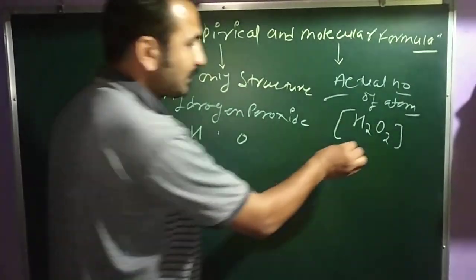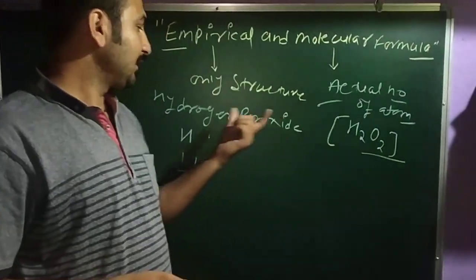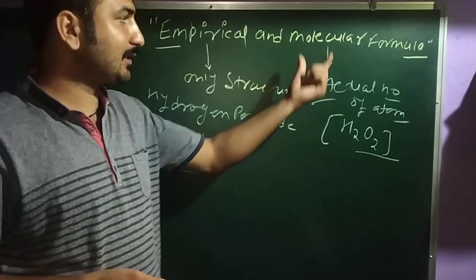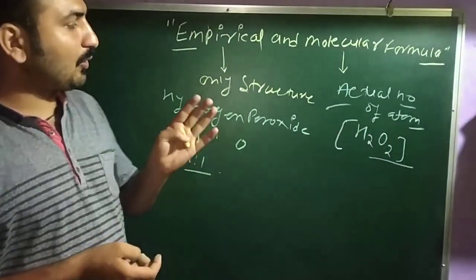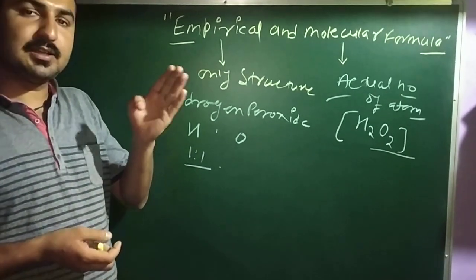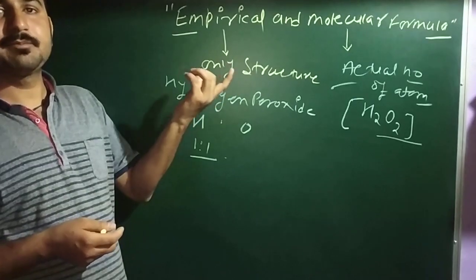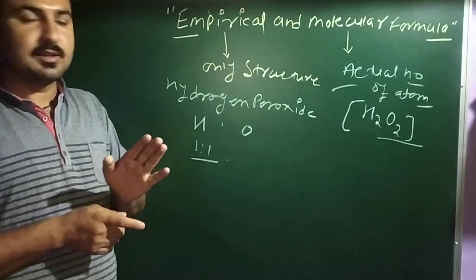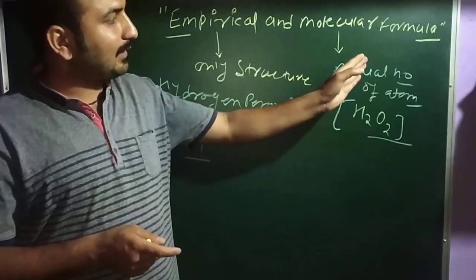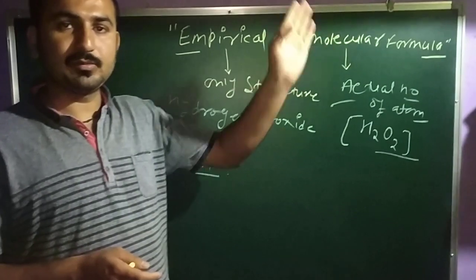This H2O2 is the correct one, and we say that this is the formula for hydrogen peroxide. You can say this is the molecular formula, and the empirical formula gives only the structural information, like how many atoms are present, only this. But the molecular formula says the actual number of atoms present in the formula.